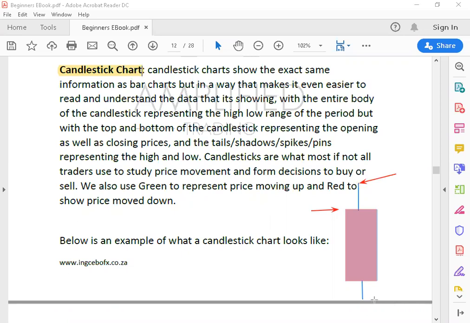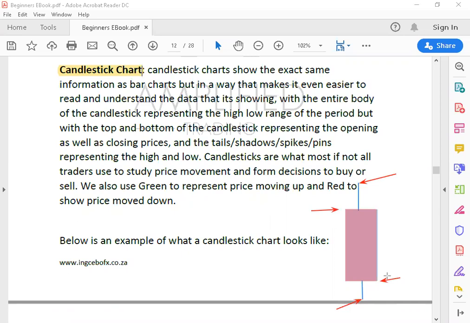This is the lowest point that the market reached during that hour, and this is where the market closed after that hour. Let's say this is that 13 Rand 90 example. This is 14 Rand, this is 13 Rand, and then this is 13 Rand 10 cents, and that is the actual close.